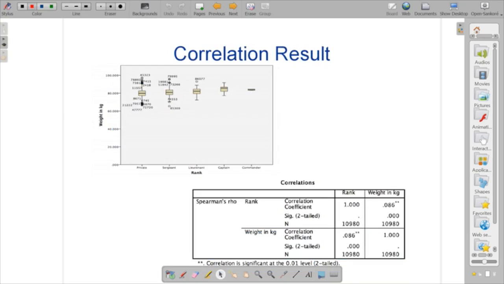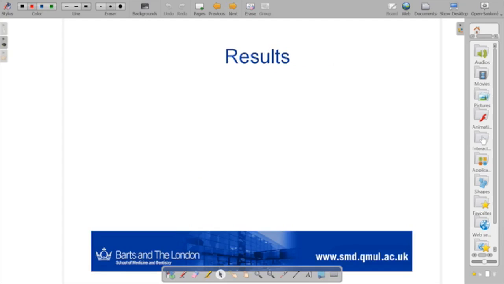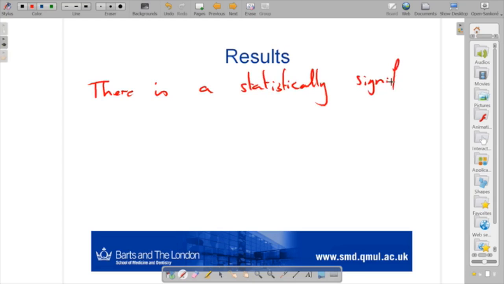There we go, those are those results there. So let's just write that down. So there is a statistically significant, remember in brackets, P is much less than 0.05.